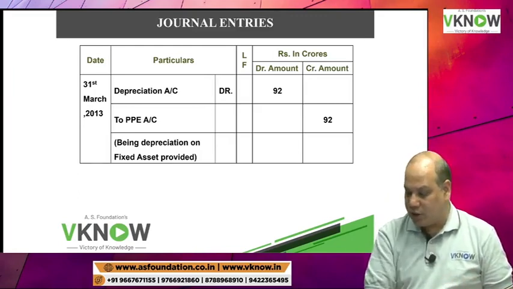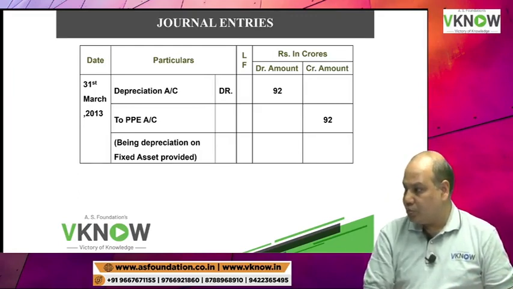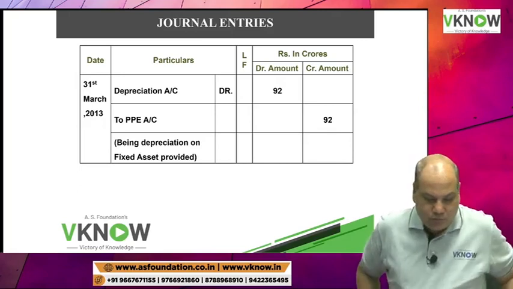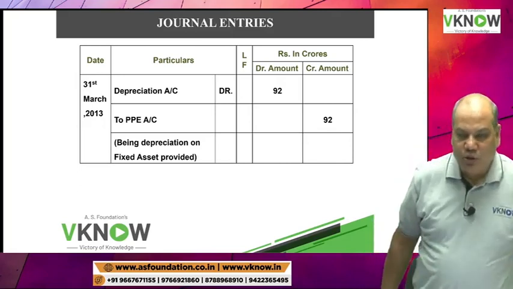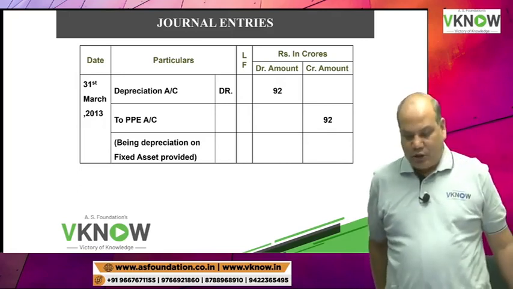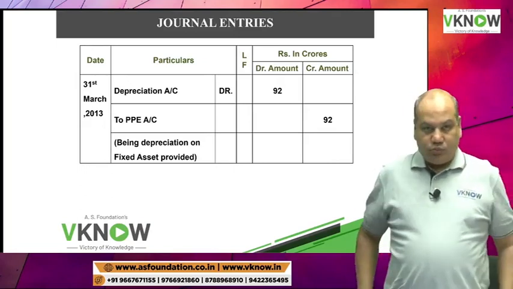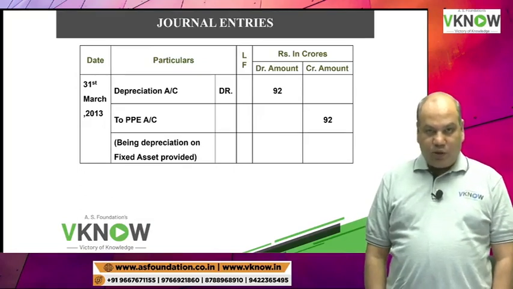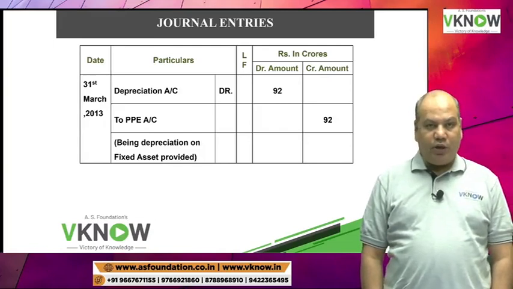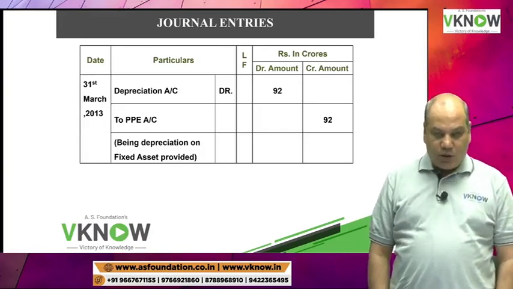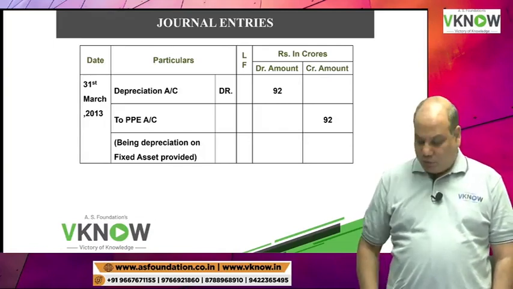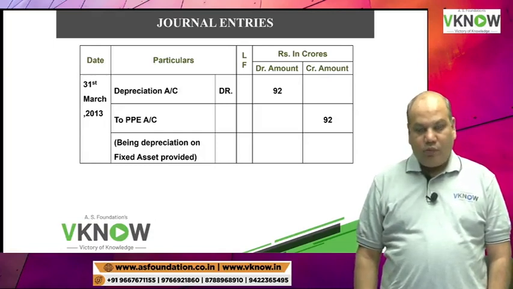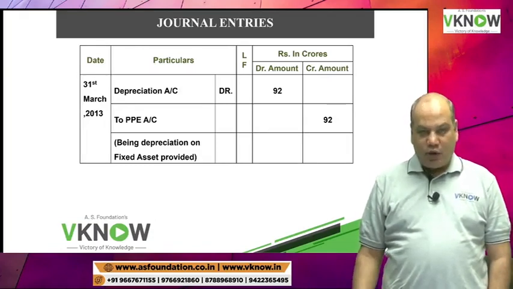Depreciation account debit to PPE account 92. Being depreciation on PPE provided. And we are not required to pass an entry for interest.